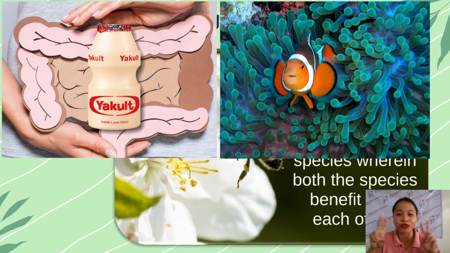So they both benefit each other. The clownfish has a safe place to live. The sea anemones are saved by the clownfish from being eaten by their predators, the butterfly fish. So they both benefit each other.